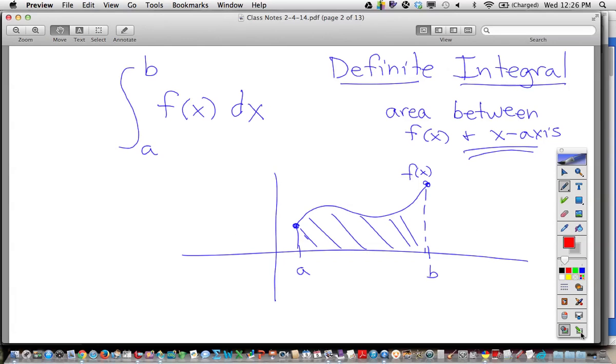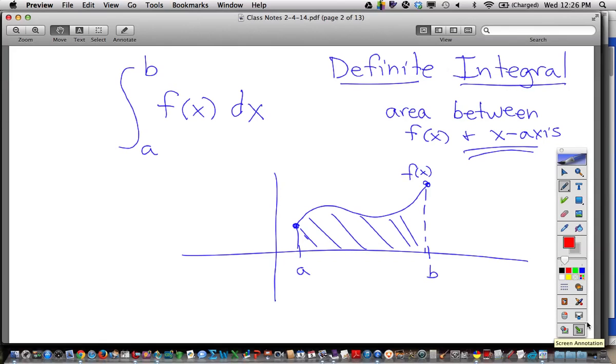Now, as of now, there's really three ways we can find this area. One way would be what we started at the beginning of the year, which would be just to approximate or estimate the area. Like maybe we have a grid system and we count the boxes. Remember when we did that? And we just estimate kind of what that area is. So that'd be one way.